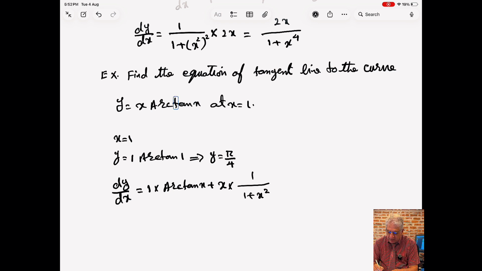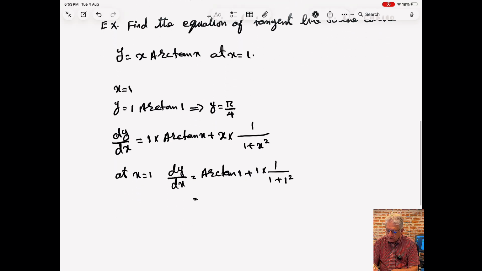Then at x equal to 1, dy by dx is equal to arc tan 1 plus 1 times 1 divided by 1 plus 1 squared, which is pi over 4 plus 1 over 2.